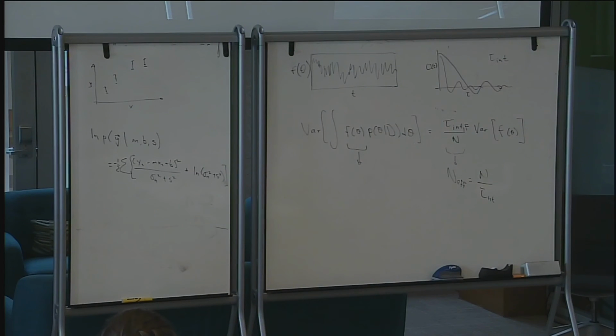Yeah, the suggestion in the note that I linked to from the worksheet is that you want to have at least 10 times as many autocorrelation times as the estimate that you're getting, as a minimum. And even that would be small, absolutely, yeah. But if you don't have something like that, then you're really in trouble.